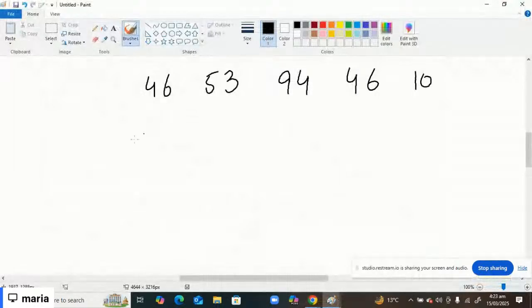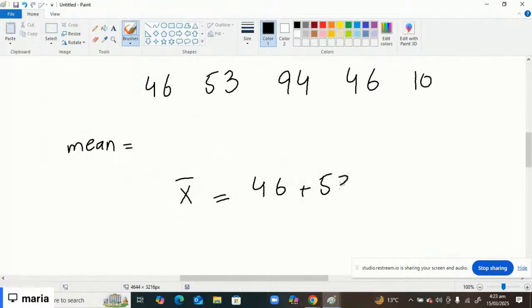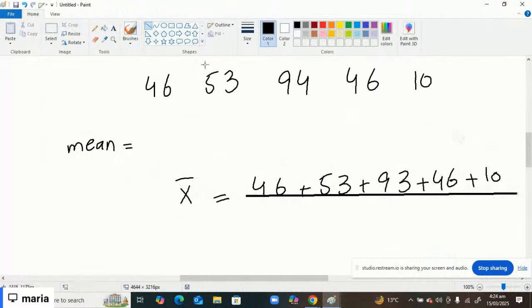For finding the mean, what is the mean basically? Mean is denoted with x with a bar over it. So the mean is adding all the digits, 46 plus 53 plus 94 plus 46 plus 10, and dividing by how many there are: 1, 2, 3, 4, 5.